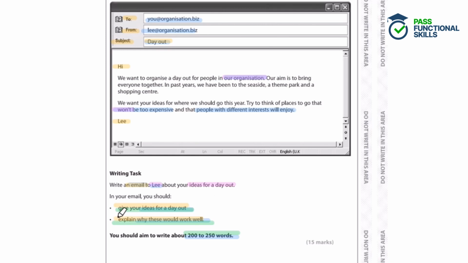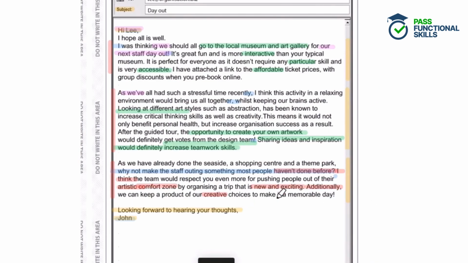Finally, we need to explain why the day would work well, so why the visit to the museum is going to be effective, which means we're going to have to persuade. So we're trying to persuade Lee to accept our ideas. So in the first paragraph, we have used some emotive language here.